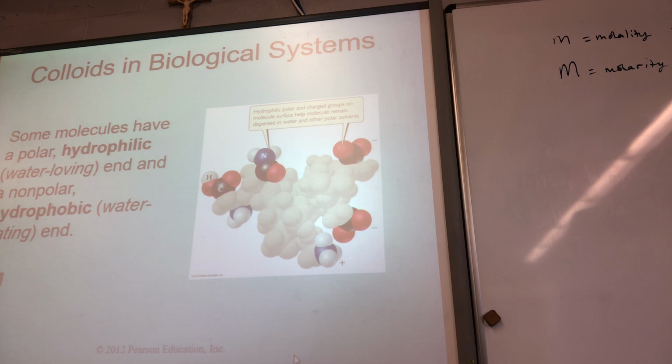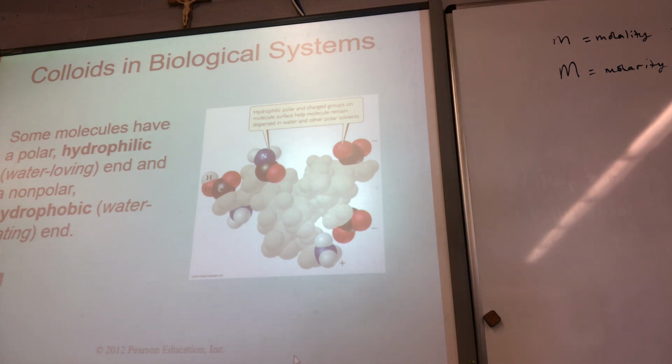Okay, we have hydrophilic and hydrophobic terms. So the term hydrophilic means what? What does hydrophobic mean? Water hating. A lot of times when we get into more macromolecules, so biological molecules in general, we talk about the hydrophobic portion and hydrophilic portion of a molecule. A lot of our molecules that are biological in nature have both parts within them.